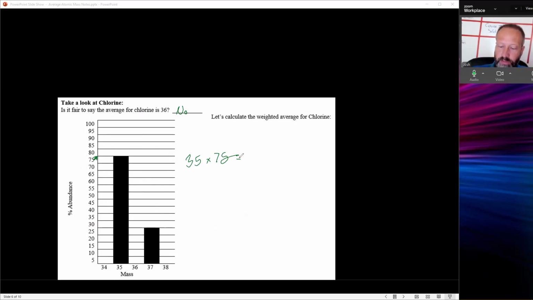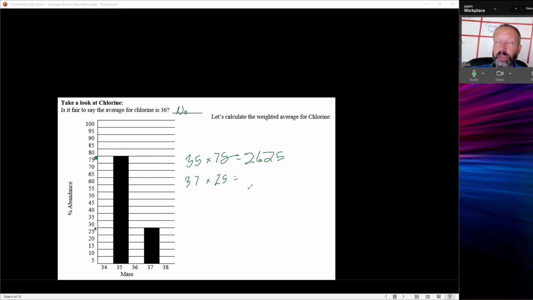And 35 times 75 is 2,625. I'm trying my best to make my handwriting legible. There we go, 2,625. All right. And I have the mass of 37, so I'm going to write down 37. And I have the percent that was a 25. I'm going to have 25.